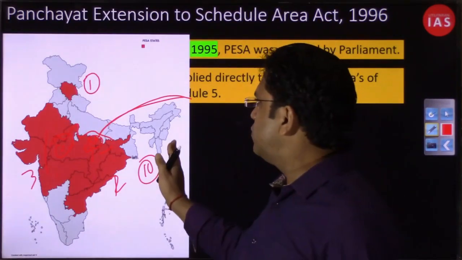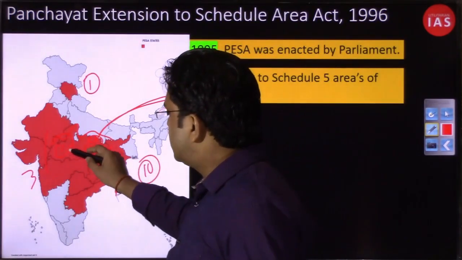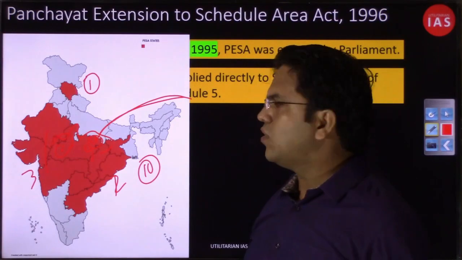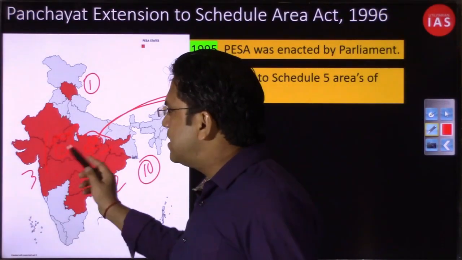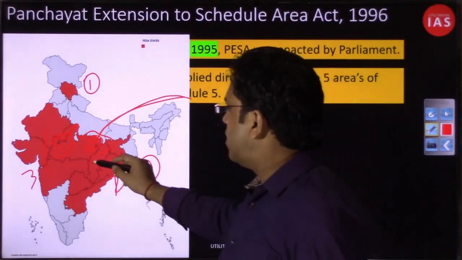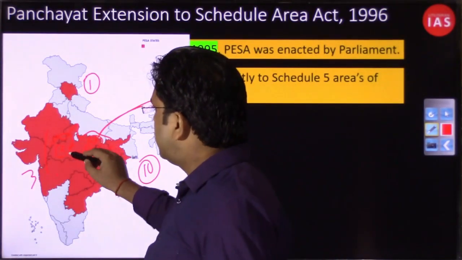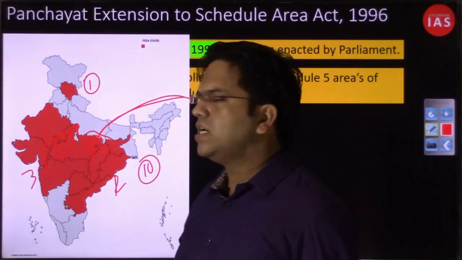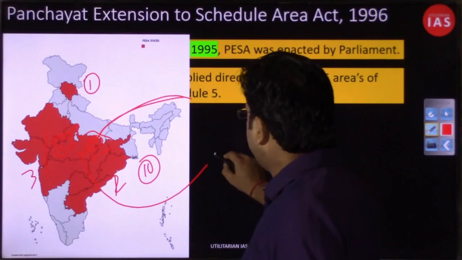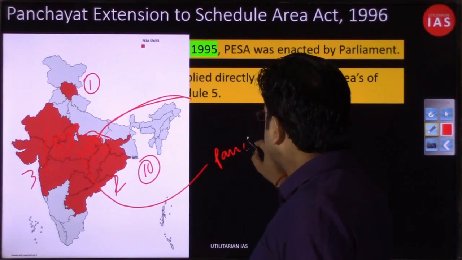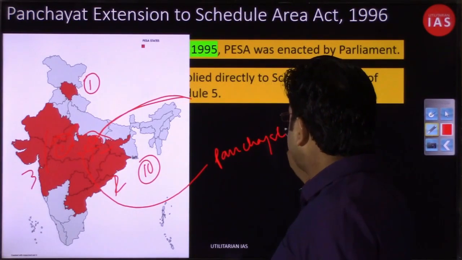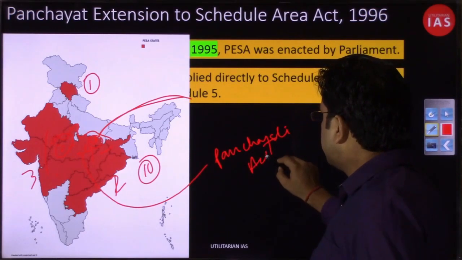One clarity that you need is that PESA's provisions will not be applied over the entire states. Over the leftover areas you will have application of the normal Panchayati Raj Act, the provisions passed in 1992.